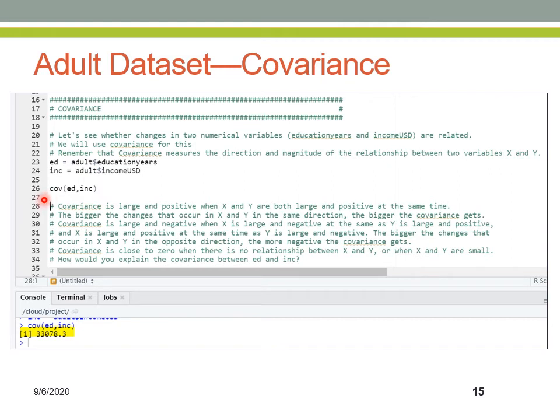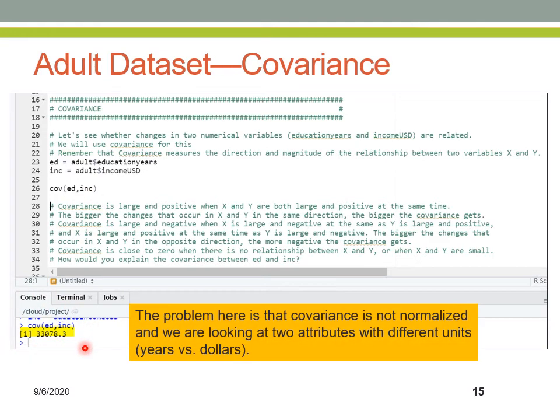We just use COV on our 2 attributes here, and then we get our result. The problem here is that covariance is not normalized, which means we really are comparing apples and oranges or years and dollars. So the calculation here is not all that meaningful.